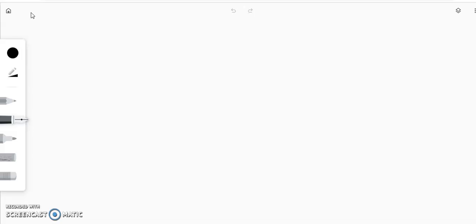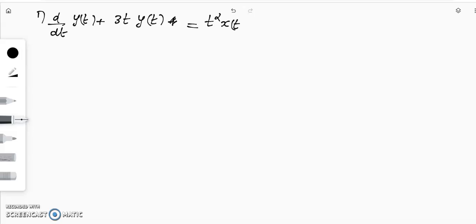The first question with the differential equation will be d by dt of y of t plus 3t y of t is equal to t square x of t. So as previously, you have to find out the weighted sum of the input as well as the weighted sum of the output, isn't it?